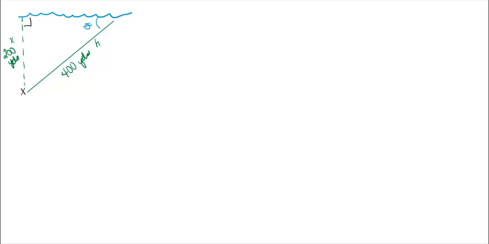Yes, sine. Sine theta relates the opposite over hypotenuse. Now in this case, our opposite we know, so we don't need to call it a variable. It's 200 yards. And our hypotenuse is 400 yards.